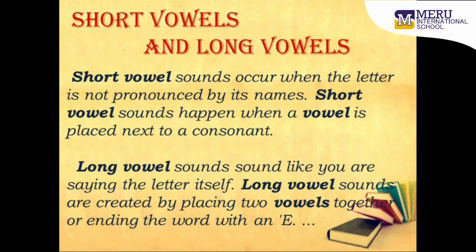In the same way, long vowel sounds sound like you are saying the letter itself. Long vowel sounds are created by placing two vowels together or ending the word with an e, as in mate, where a is giving its name and at the end e is there.